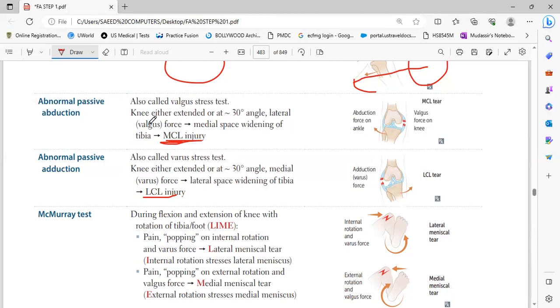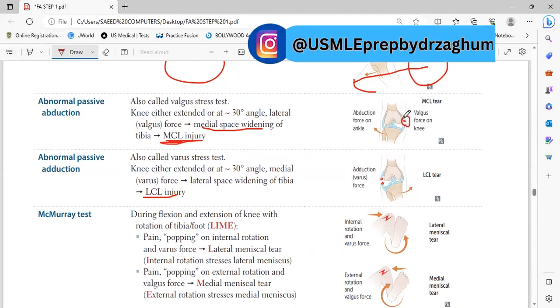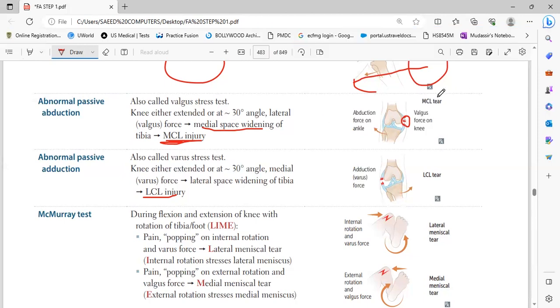When you put a valgus force, a lateral force, you will have widening of the medial space. Here you can see we have put the valgus force and the medial space is widened. So medial space widening occurs in medial collateral ligament injury. Lateral space widening will occur in the case of LCL tear.